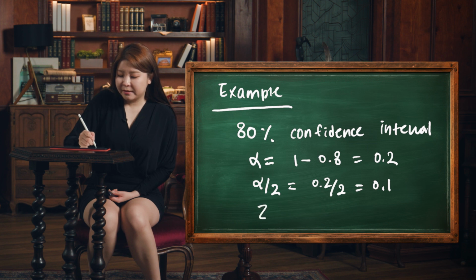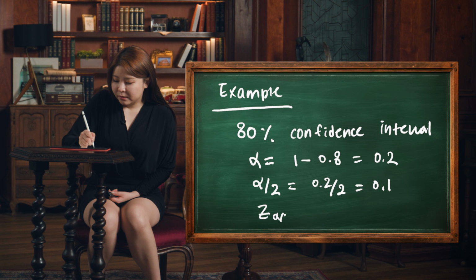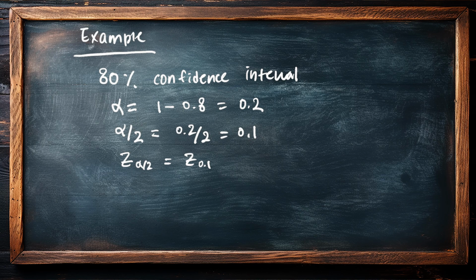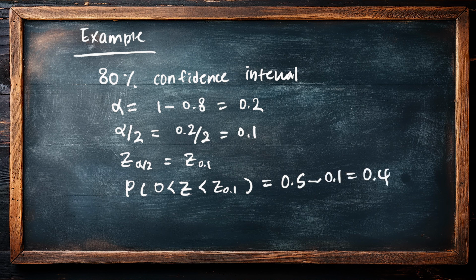We want to find the z of alpha divided by 2, or in this case, z of 0.1, which is the value such that the probability of z being between 0 and z of 0.1 is 0.5 minus 0.1, which is equal to 0.4.